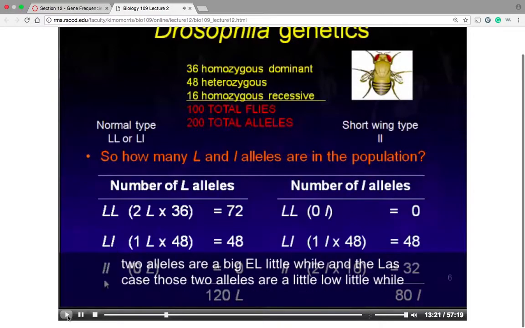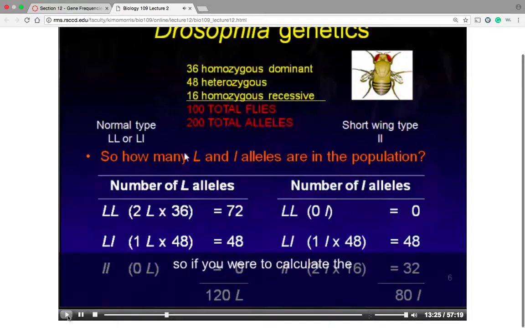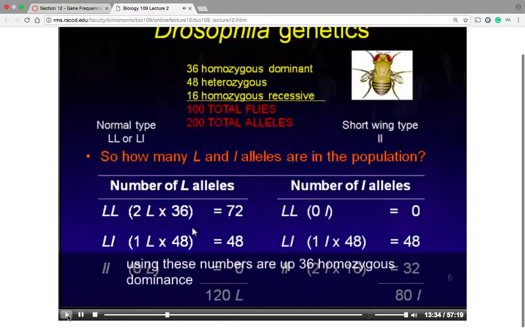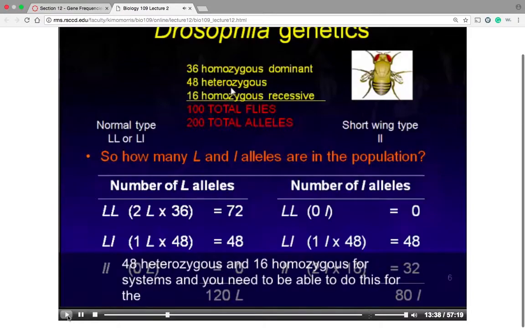And in the last case, little l, little l. So if you calculate the number of big L alleles in these 200 allele positions, it would be 120, using these numbers of 36 homozygous dominants, 48 heterozygotes, and 16 homozygous recessives.